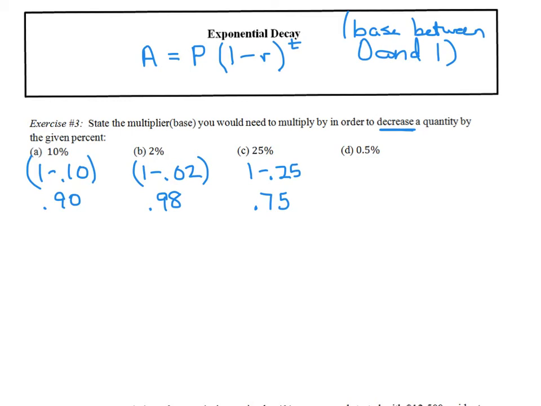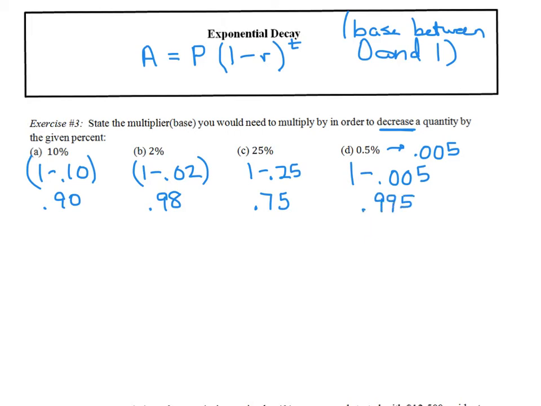Now, don't get confused when I've got a decimal within a percent. 0.5%, when I convert that over to a decimal, that's going to be 0.005. Again, remember the rule of thumb is just take your decimal point, move it 2 places to the left. So I'm going to have 1 minus 0.005, and that's going to give me as a multiplier 0.995.